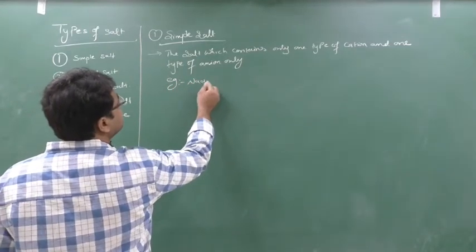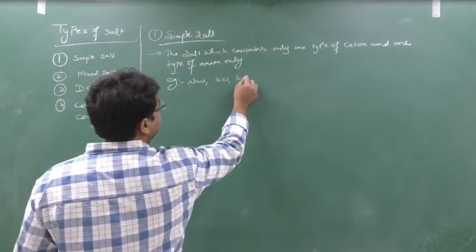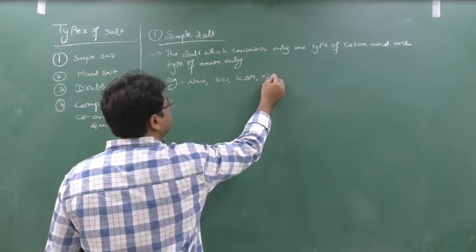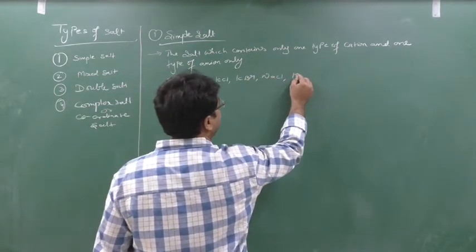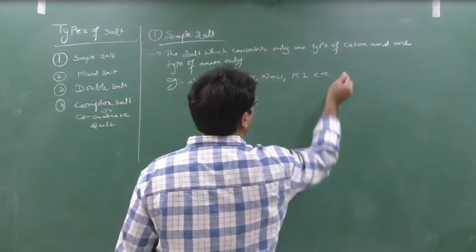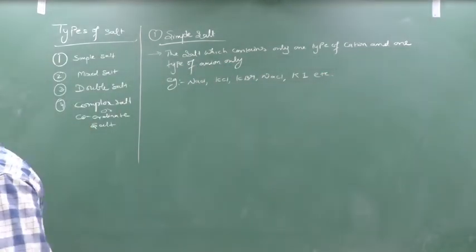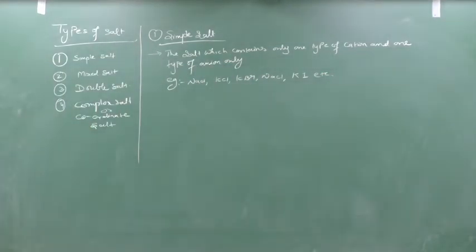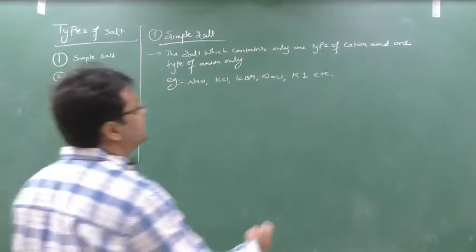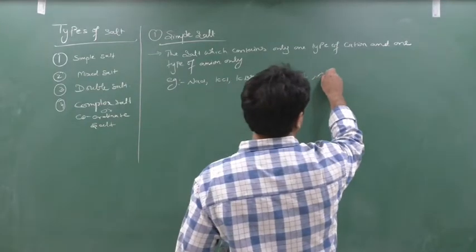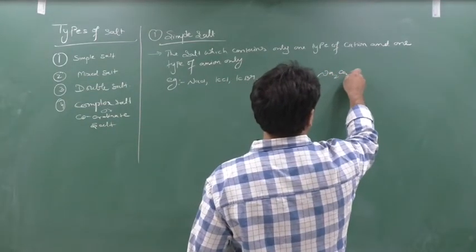NaCl, KCl, KBr, NaBr, KI, etc. Clear this part? Another example I can take is Na2CO3 or CaCl2.